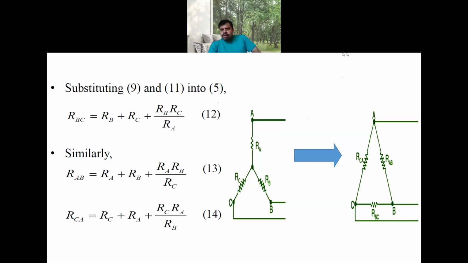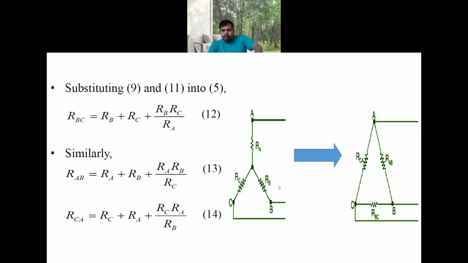If we look at the delta element between A and B, it is given by the sum of the two arms connected to A and B in the star connection plus the product of these two divided by the opposite side resistance.